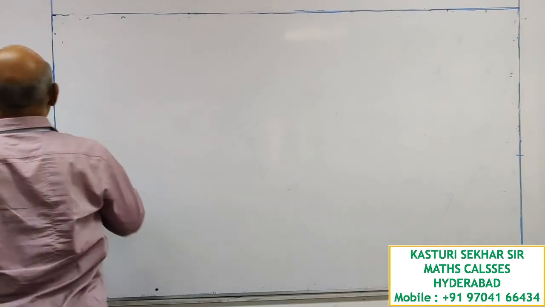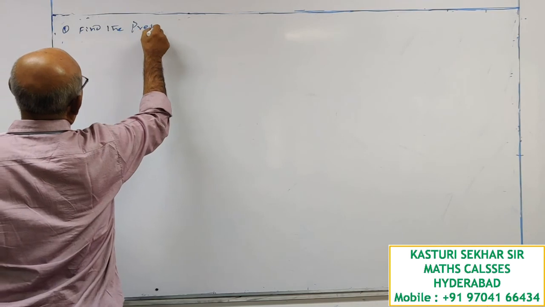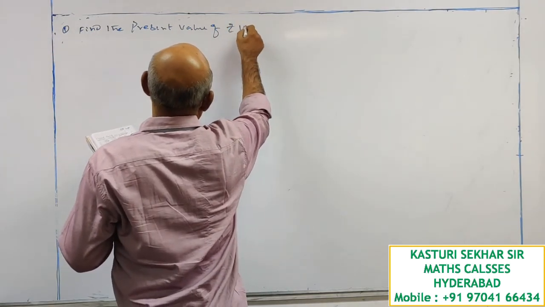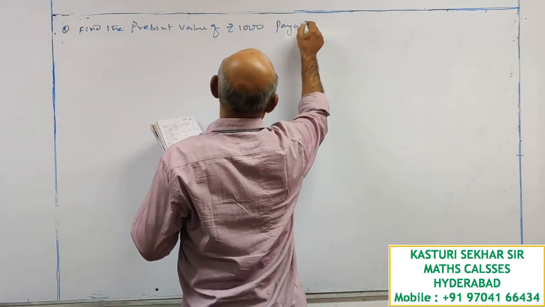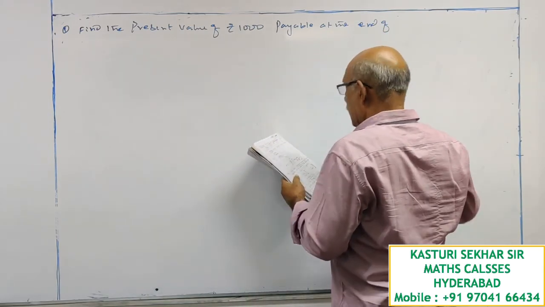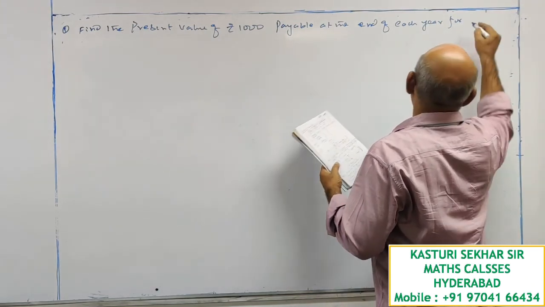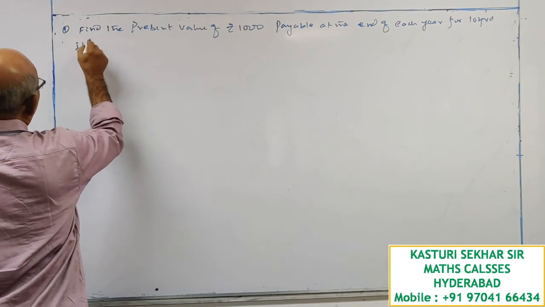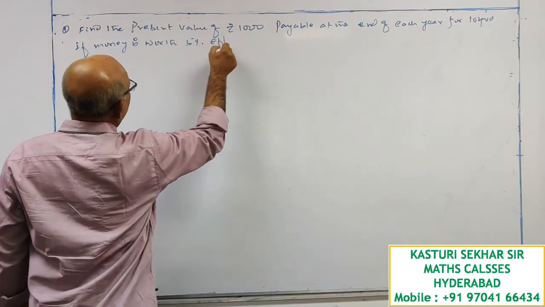Look at the first question I have. Find the present value of rupees 1000 payable at the end of each year for 10 years, if money is worth 5% effective.